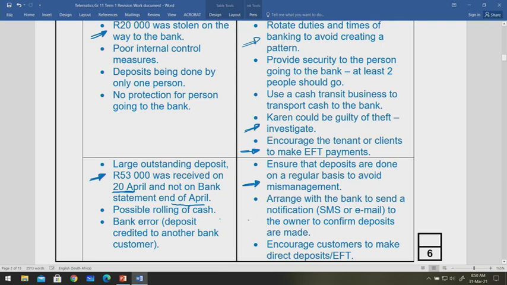You can also arrange with the bank to send a notification, an SMS or an email, to the owner to confirm that deposits are made, and obviously then the owner can check that against the deposits for the day. And then obviously we encourage our customers to make direct deposits, EFT entries.